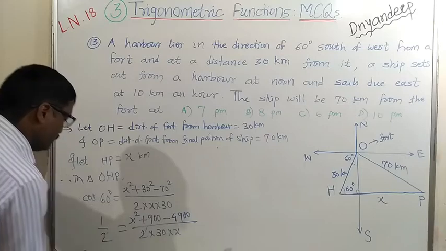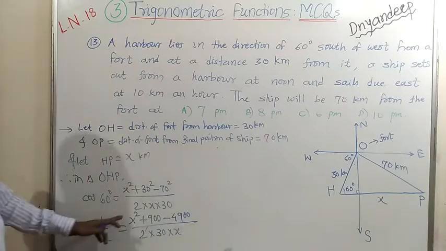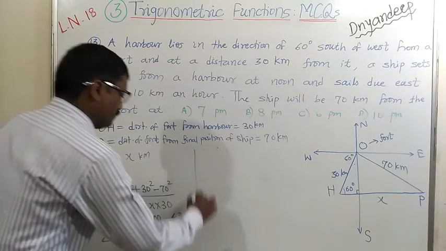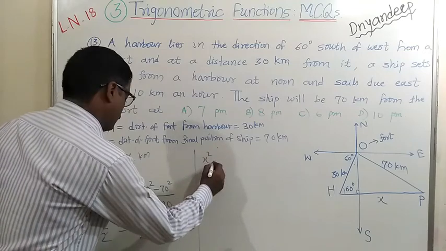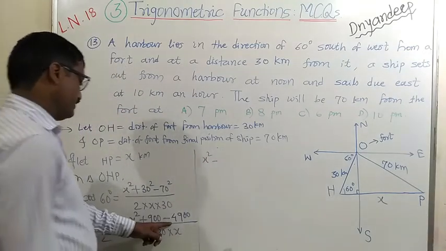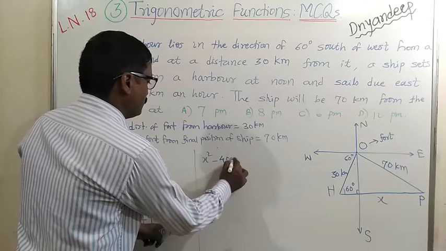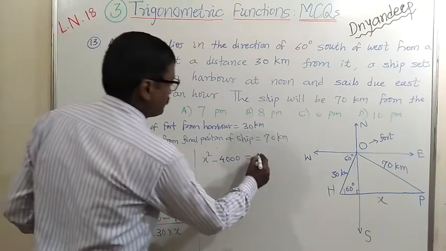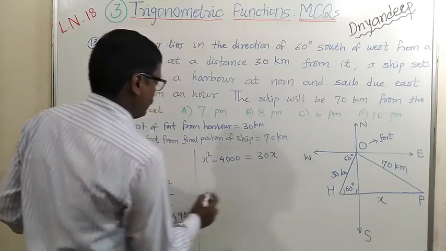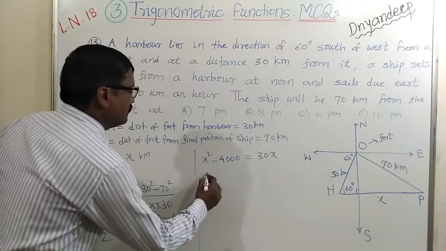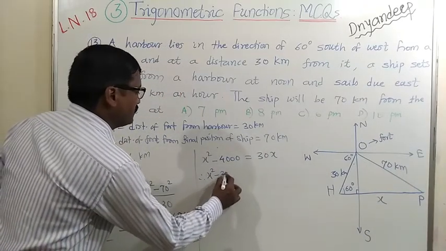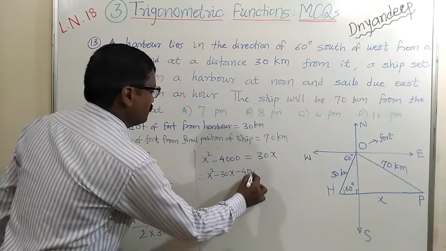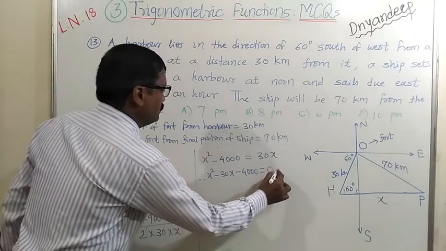So this 2 will get cancelled, and we get x square minus 4000 equal to 30x. Therefore, x square minus 30x minus 4000 is equal to 0.